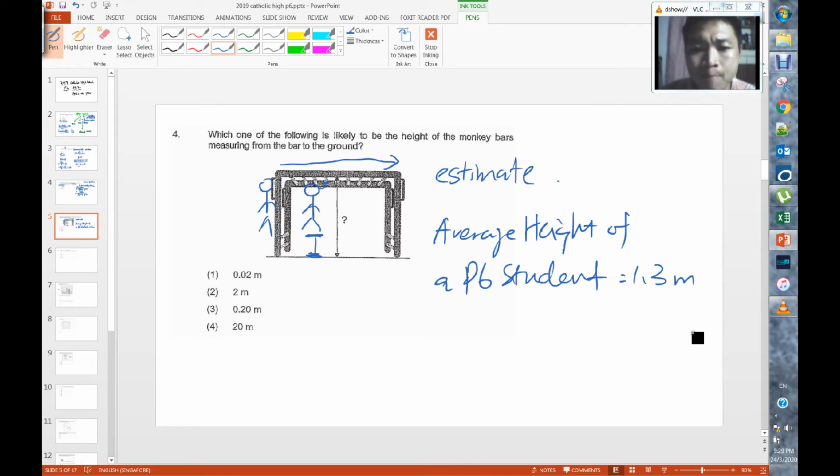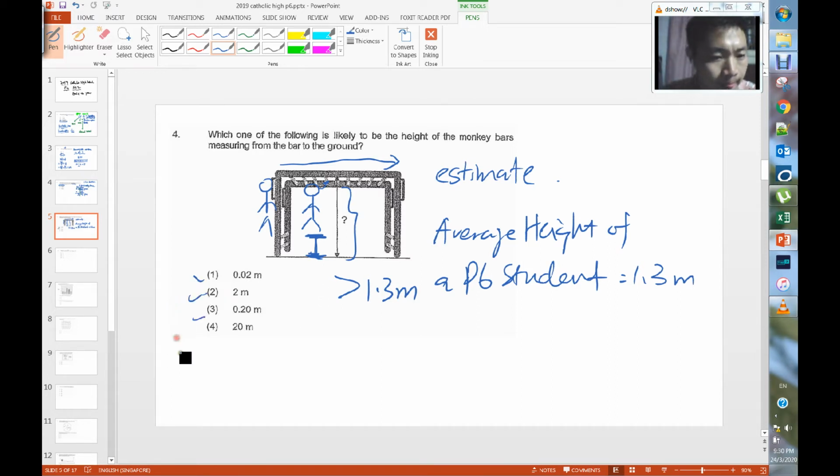And you still have some gap before the person's leg to the ground. So definitely the height here is more than 1.3 meter, right? So I'm looking at all the options here. I should choose 2 meters, because 2 meters makes complete sense.